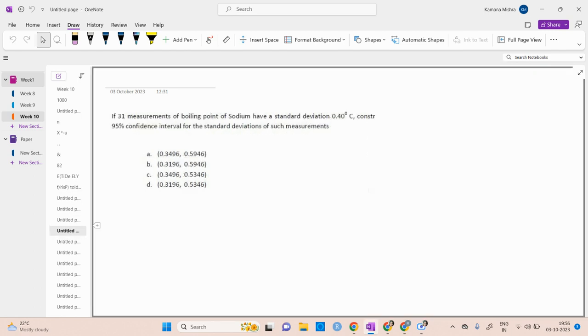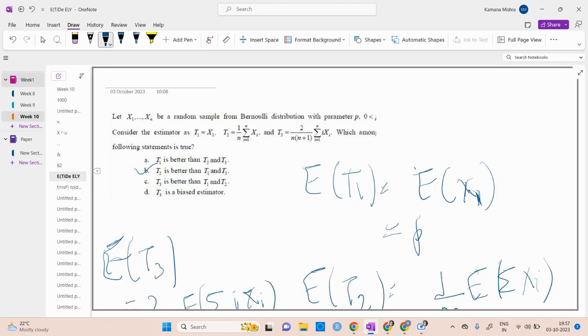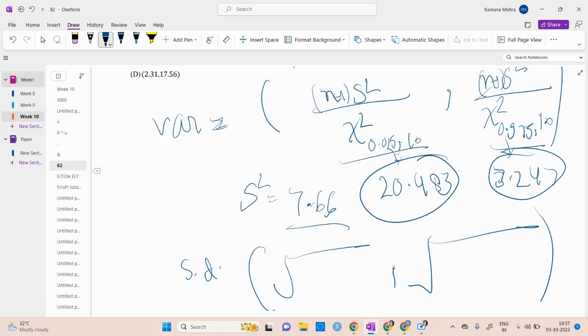So in this question, we need to find it for the standard deviation. So here it will be the square root of 30, multiplied by the standard deviation given, 0.4, and then the chi-square statistics we have just found there. It is 20.483 and 3.247.